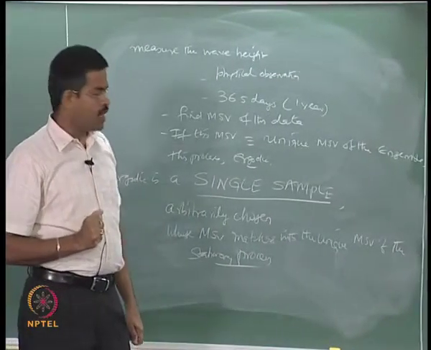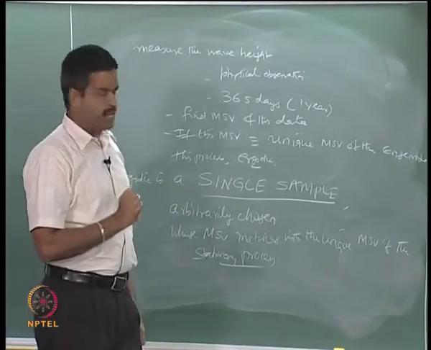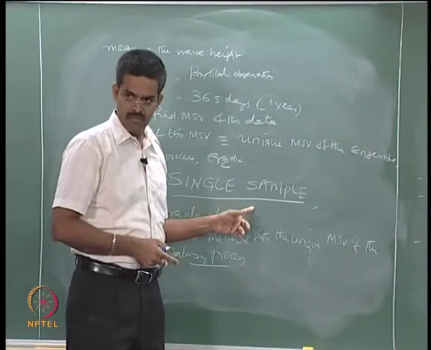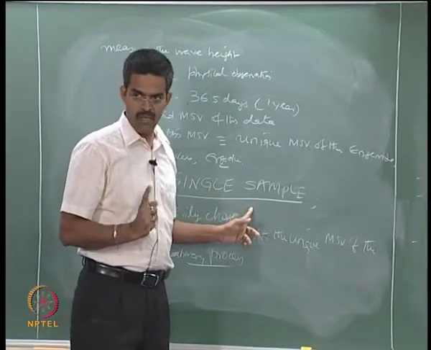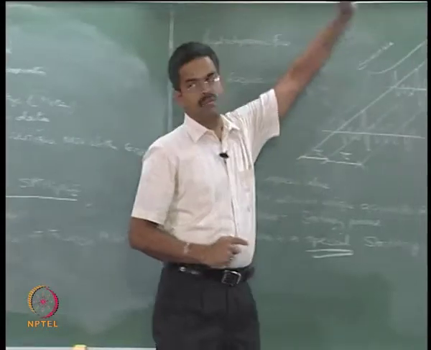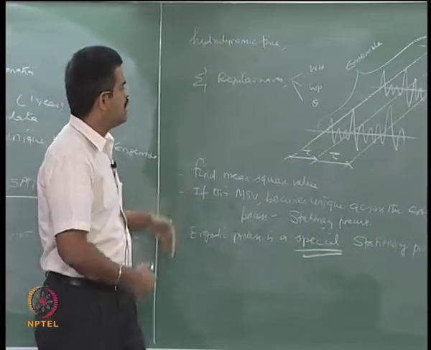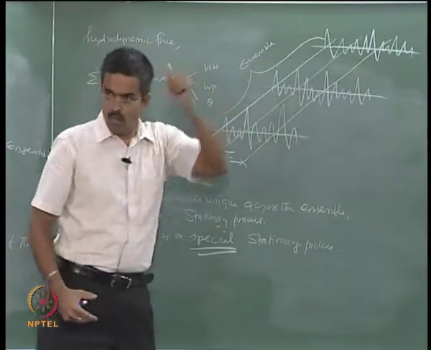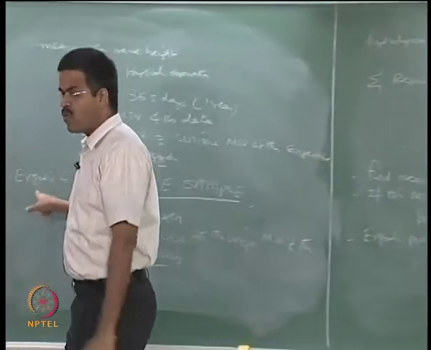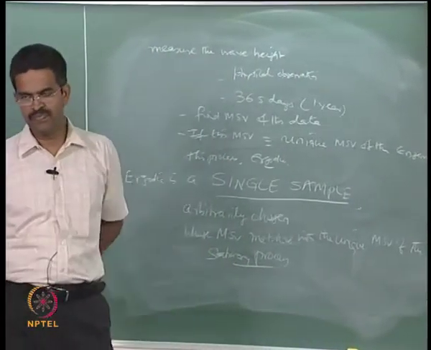Okay. Now I am considering only one wave or one signal instead of considering n number of signals. So I have now reduced the problem of considering n number of signals to one signal which is ergodic and a stationary process.